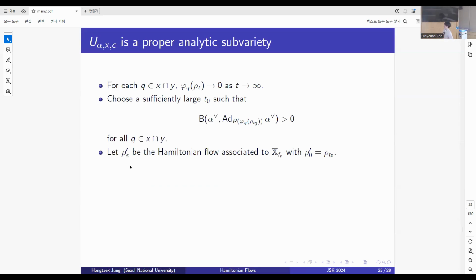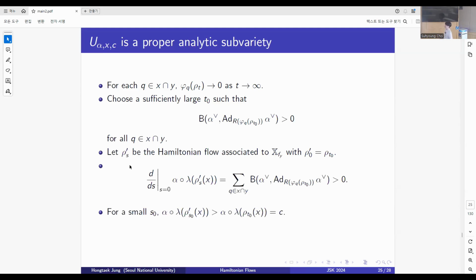So we can find a large enough T0 so that this happens for every intersection point. And we compute this guy, and you can see that every summand is positive. So we just push this representation slightly out of the function locus so that we have this.